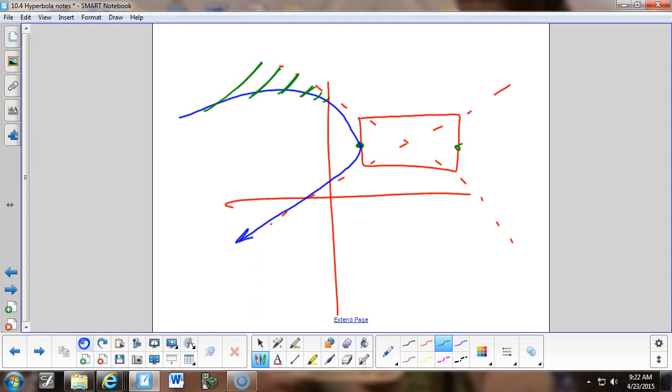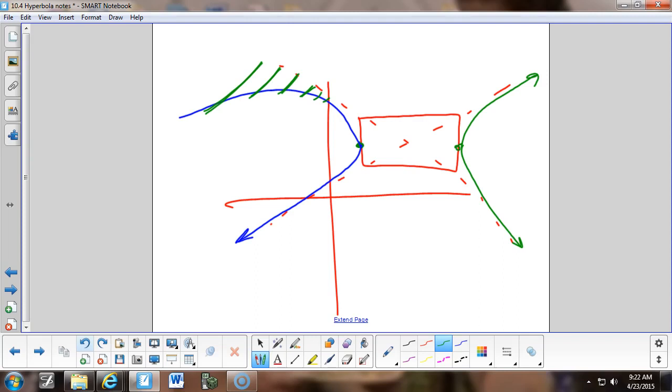You're getting farther and farther away from the asymptote. An asymptote is the line you get closer and closer to. That's getting farther and farther away. Almost guaranteed, no matter how many times I say that, people will draw it like that. Get closer to it. So this final picture should look something like this.